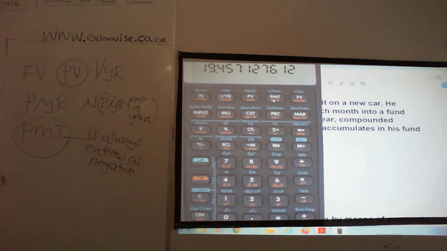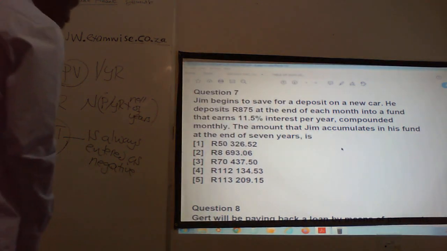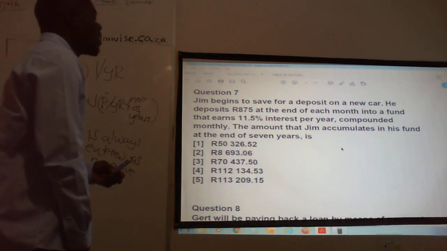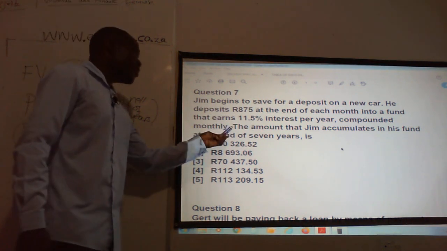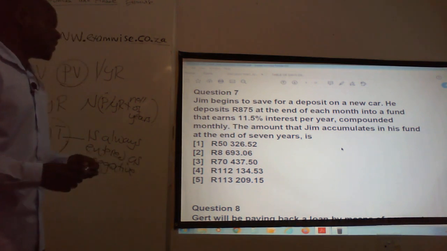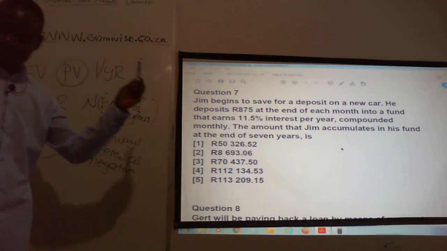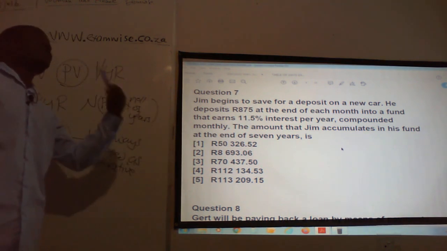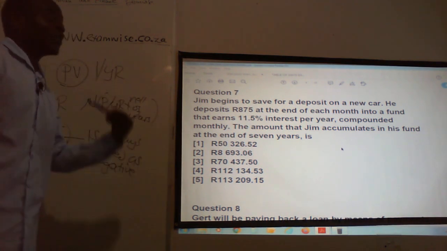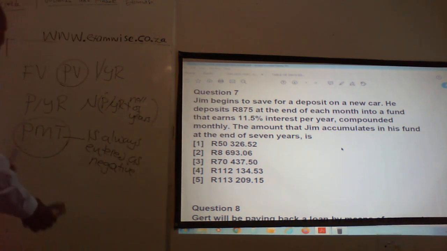So let us now go back to our question. The first thing here is to determine what we are required to calculate. The amount that Jimmy accumulates in his fund at the end of 7 years will be our future value.